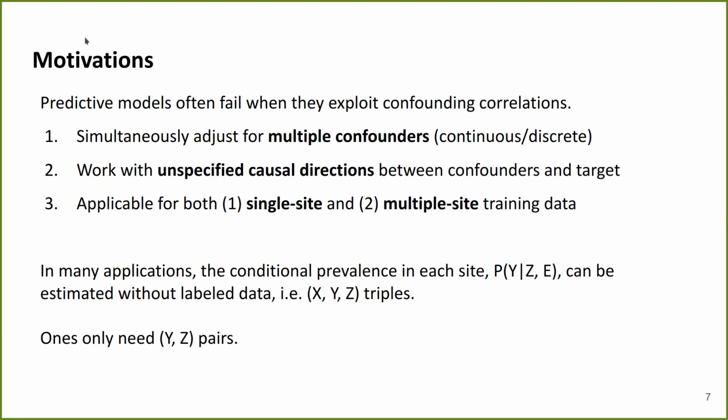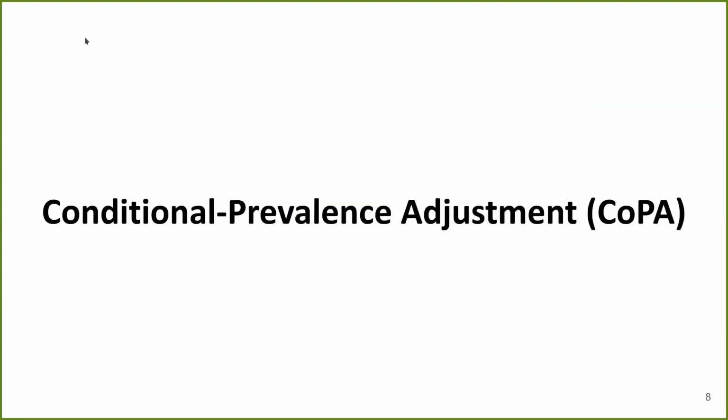For example, y can be the cause of z or vice versa. And it should work with multiple training sites or a single training site. One insight that we found is that the conditional prevalence can be estimated easily in many applications. We can leverage this for domain-invariant learning.